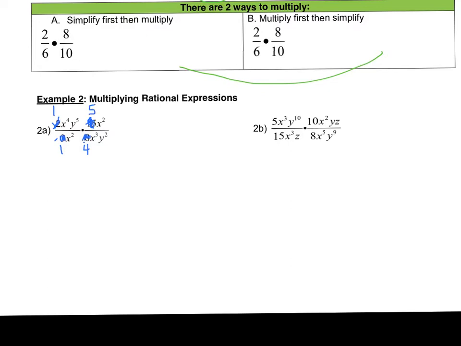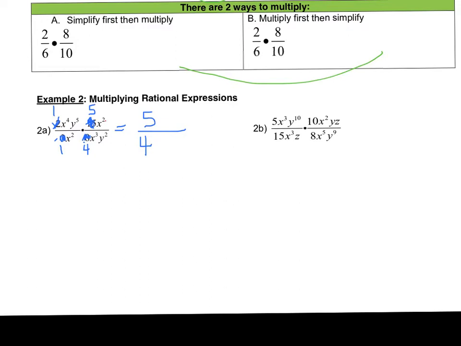So I just simplified all the numbers. And now you can see that on top, 1 times 5 is 5, and on the bottom, 1 times 4 is 4. So I've taken care of all the numbers. Now let's take care of all the x's. I have 4 right here, 2 right here, 3 right here, and 2 up there.